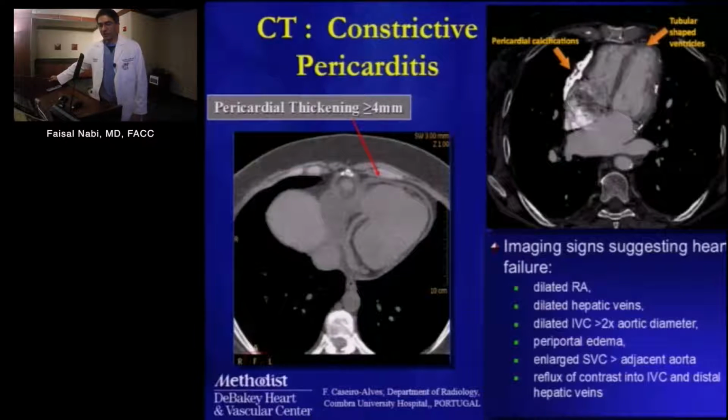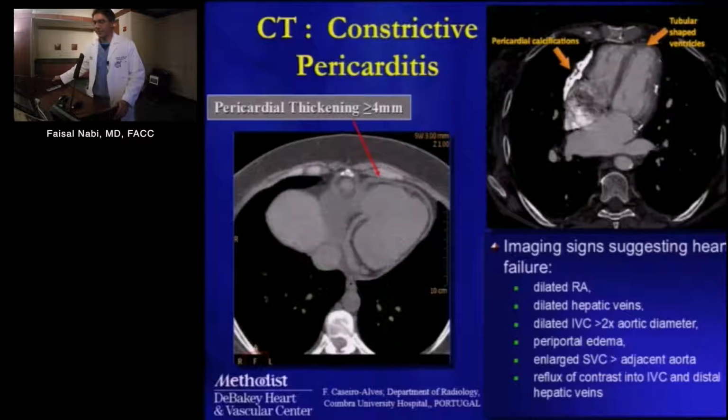So here are some features by CT. Again, you're looking for anatomy. Here you can see a very markedly thick circumferential thickening of the pericardium on the left. An end stage of this thickening would be calcification, which you see on the right.